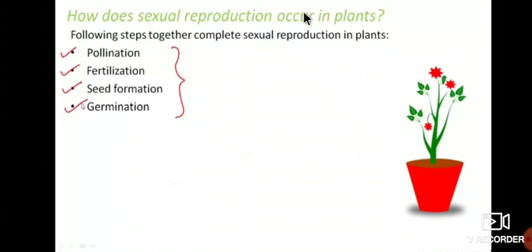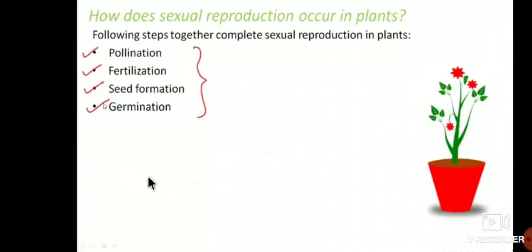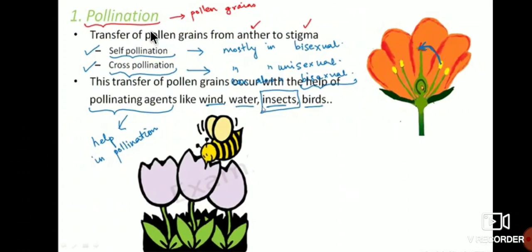How sexual reproduction occurs in plants: by pollination, fertilization, seed formation and germination. These are the four steps to complete sexual reproduction in plants. We studied that pollination is the transfer of pollen grains from the anther to the stigma, which has two types, self pollination and cross pollination.